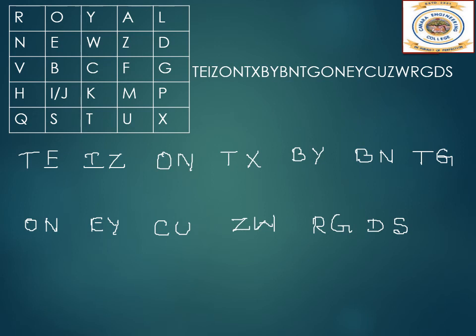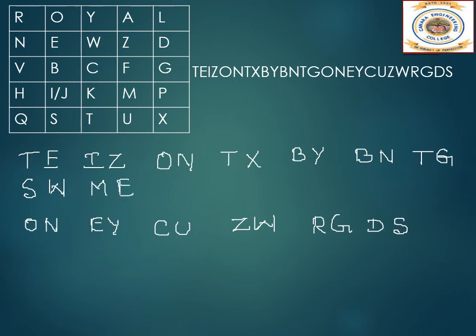Different rows, different column. For T it is S, and for E it is W. I, Z. I is over here and Z is over here. Different rows, different column. For I it is M, for Z it is E.